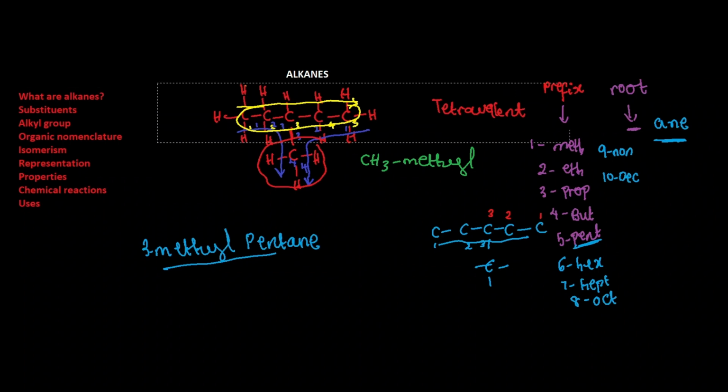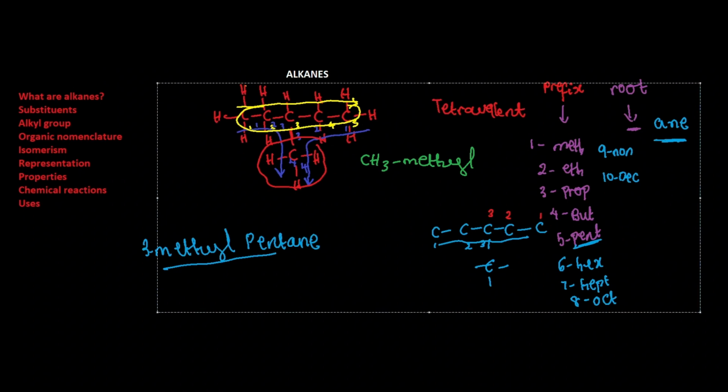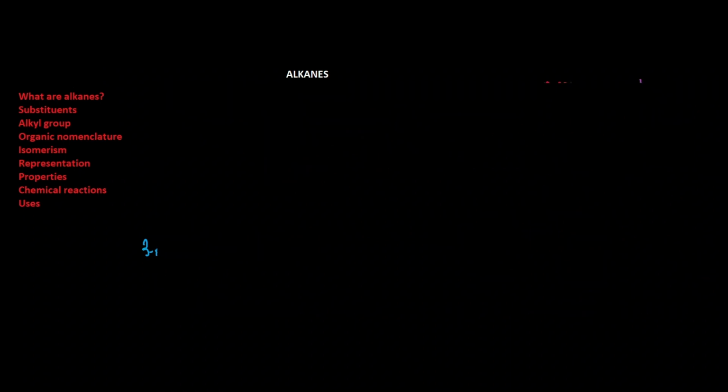Now let's consider some other examples. Take for instance, we have something like this. Since we know that this is a hydrocarbon, I would not be including the hydrogen atoms just to save time.